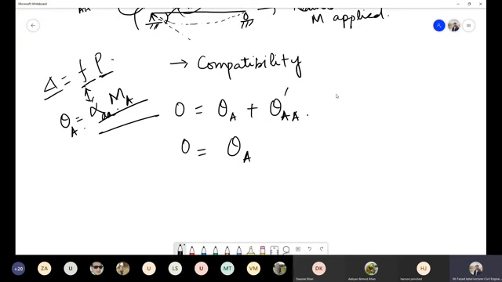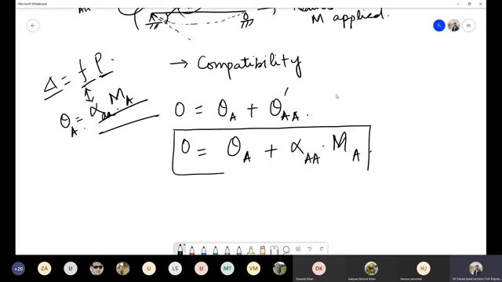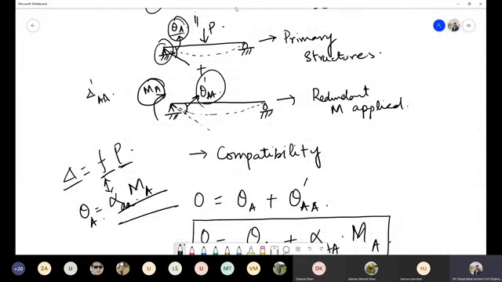0 is equal to theta A plus alpha A dot moment at point A. Now this is our compatibility equation. We have this particular beam, and in this beam we can find this theta A by applying any of the deflection or rotation calculation methods: the double integration method, conjugate beam method, virtual work method, or even Castigliano's theorem.